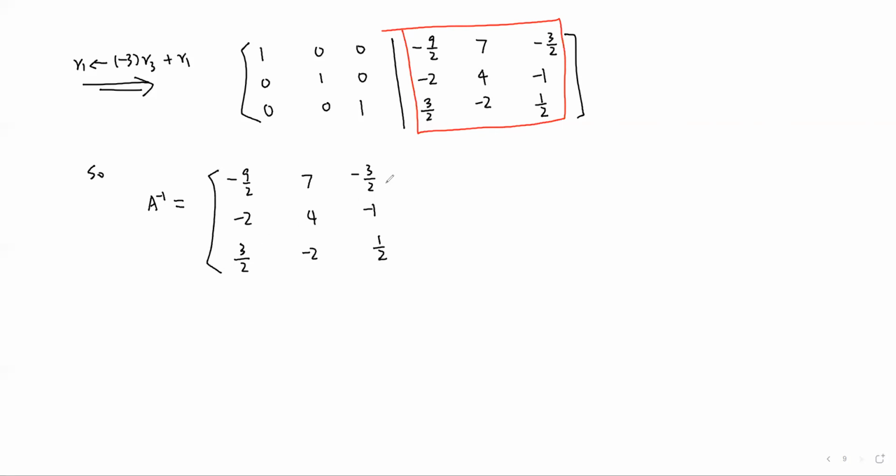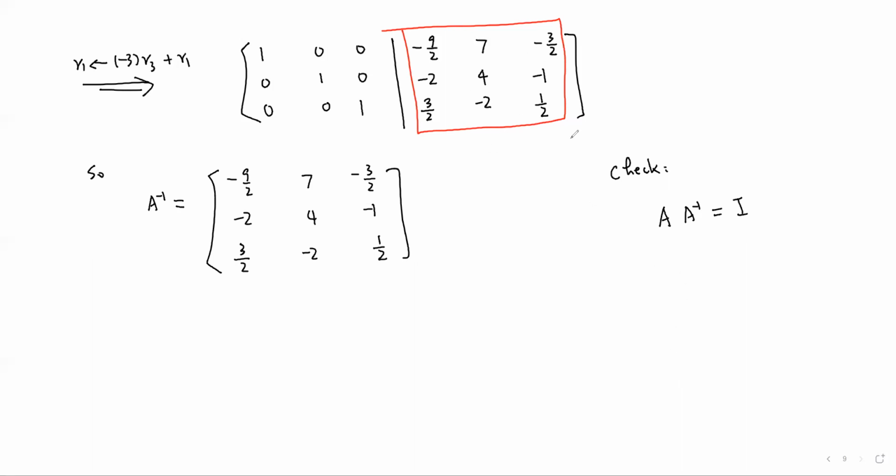If the computation is all correct, this inverse should satisfy this equation: A, the original matrix, times this matrix should be the identity matrix. You can have a check.